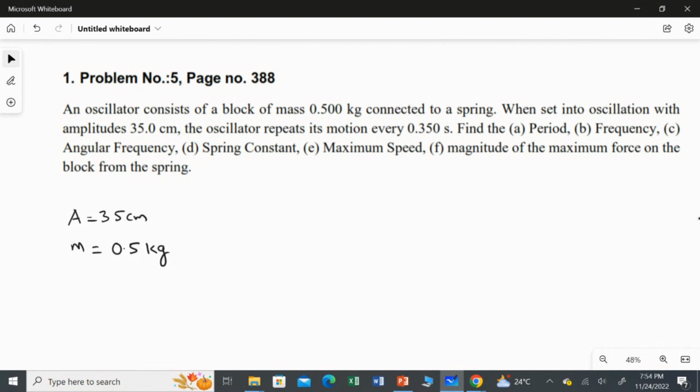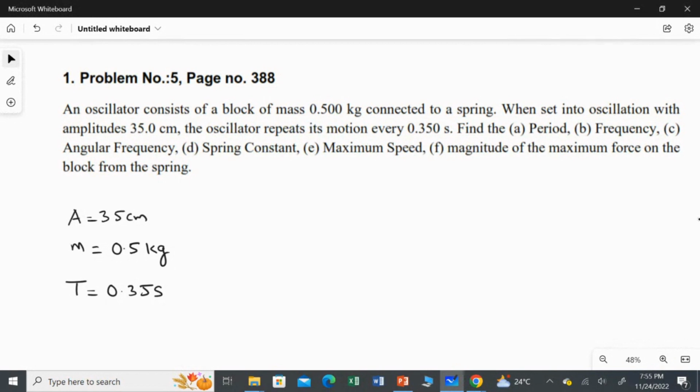And the oscillator repeats its motion for every 0.35 seconds. So that means its time period is given, am I right? What's the time period? 0.35 seconds. For every 0.35 seconds, its motion will be repeated.